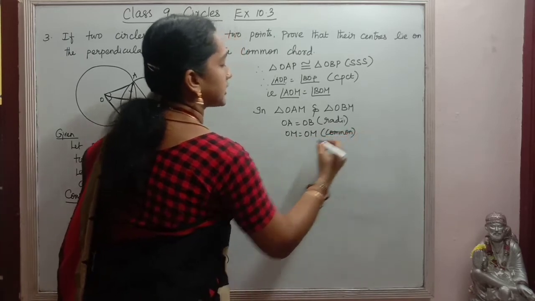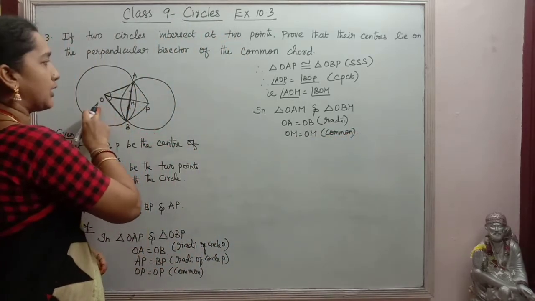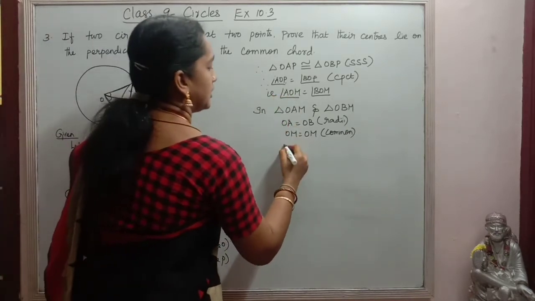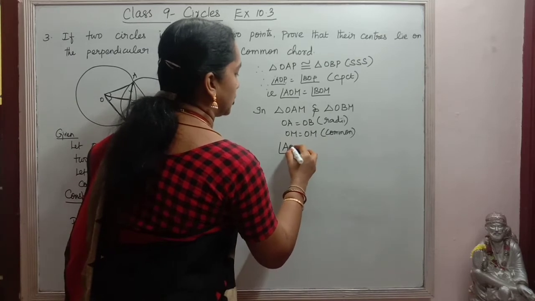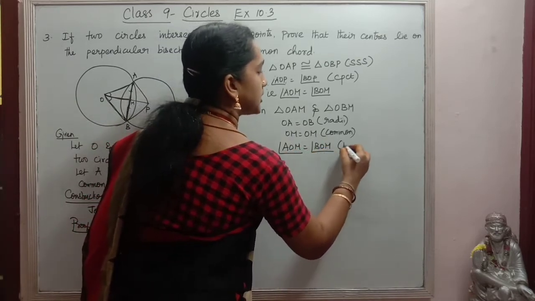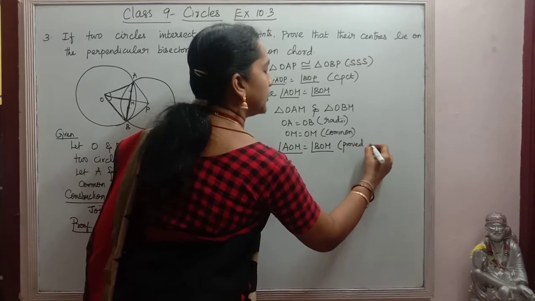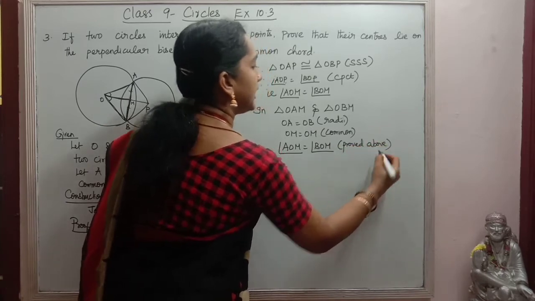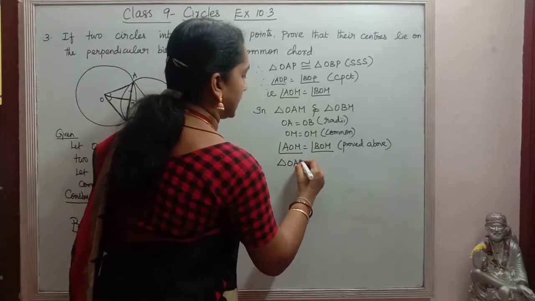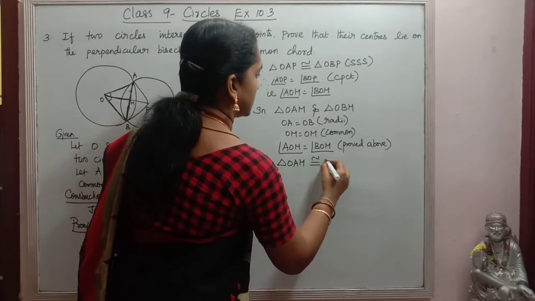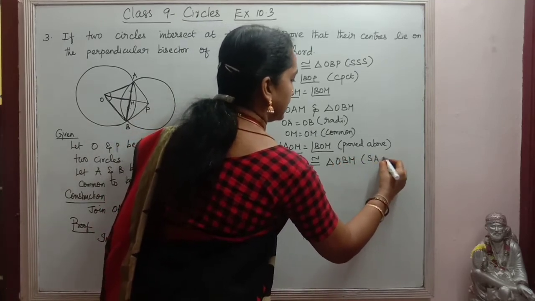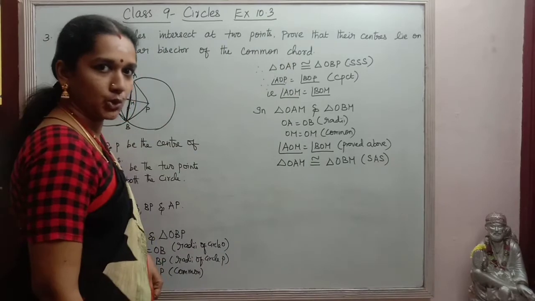So two sides are equal. Then just now we have proved that angle AOM is equal to angle BOM. So this is proved above. So by SAS congruency, triangle OAM is congruent to triangle OBM. This is by SAS congruence, two sides and one angle.